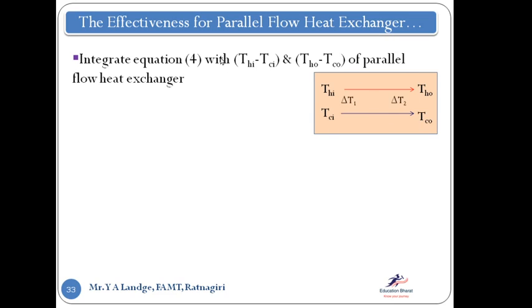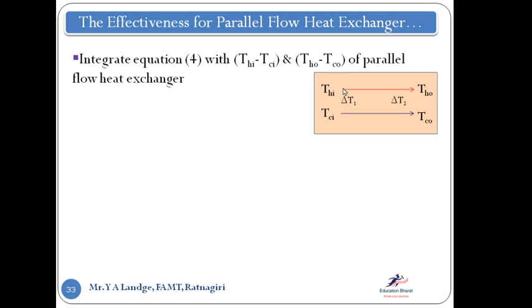So we take the first limit at the 0 point, meaning at 0 length, which means at 0 area. It is Thi and Tci, the inlets, and this is the outlet, and we take the other limit, Tho and Tco. That's why we write Thi, the inlet temperature of the hot liquid, minus Tci, the inlet temperature of the cold liquid, at the 0 point. This is at length L, and this is at length 0.